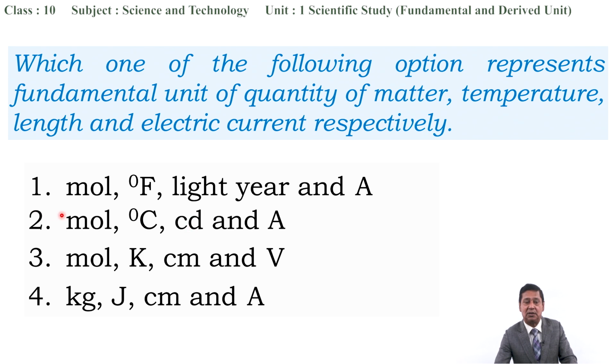That's why number 2 is now cancelled. We have now number 3 to evaluate. Now we are talking about length. Yes, centimeter is the unit of length. Now only first and third are remaining. Now let's talk about the fourth, electric current. Electric current, its unit is ampere, here it is, and in the third one V is written, this represents volt.